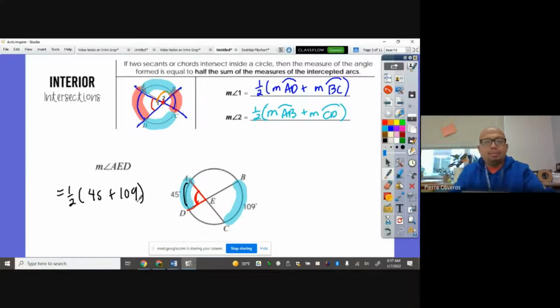So 45 plus 109, enter, times half or divide by 2. The answer is 77. Kaboom.